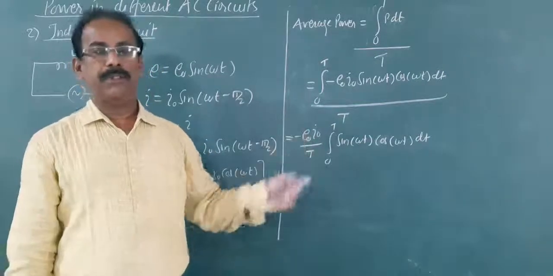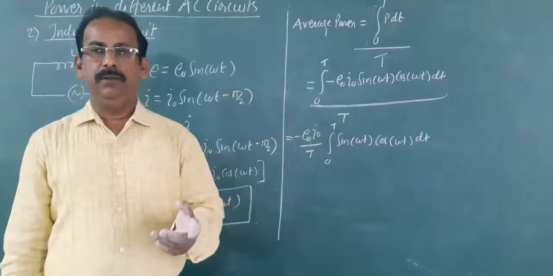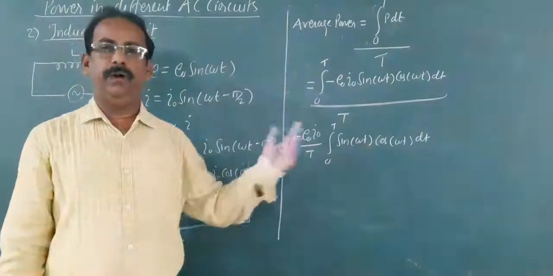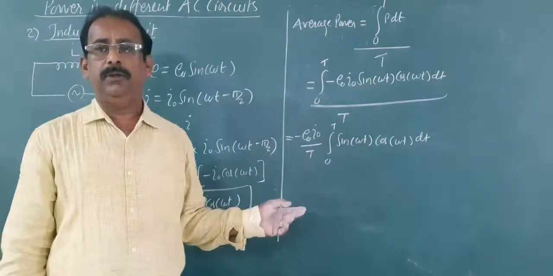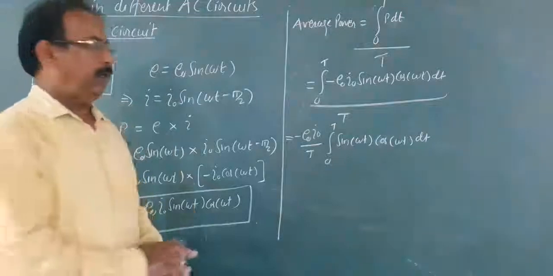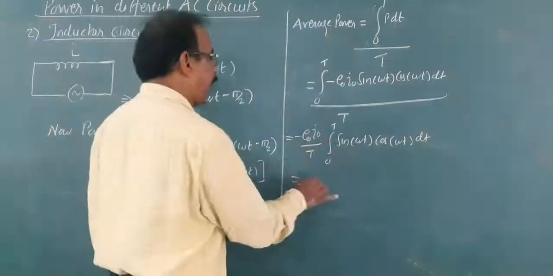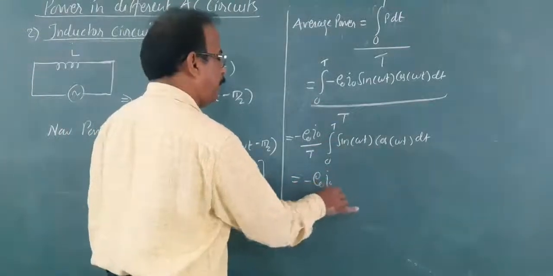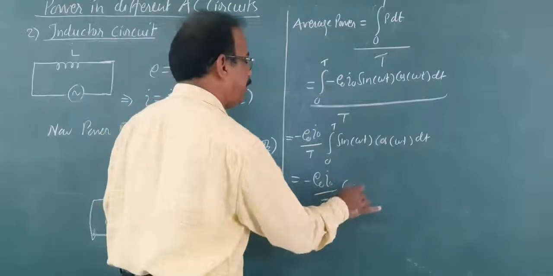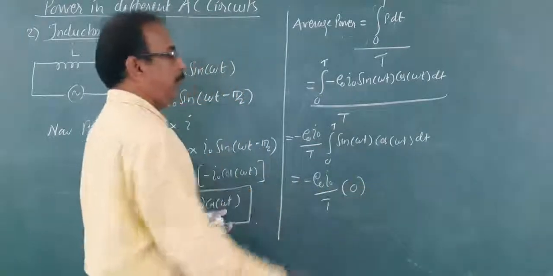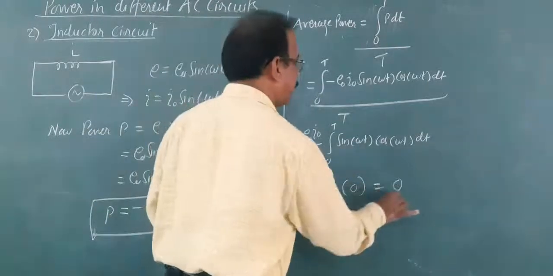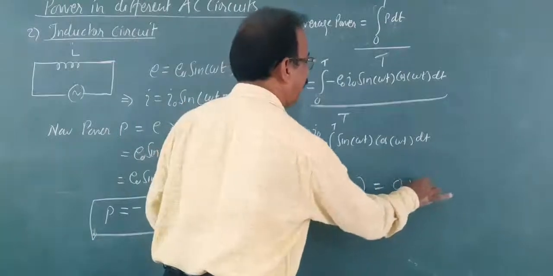You can take integration of sine of twice omega t. After taking integration, do upper limit minus lower limit. You will find that the value of this integration comes equal to 0. Therefore, average power comes equal to 0 watt.